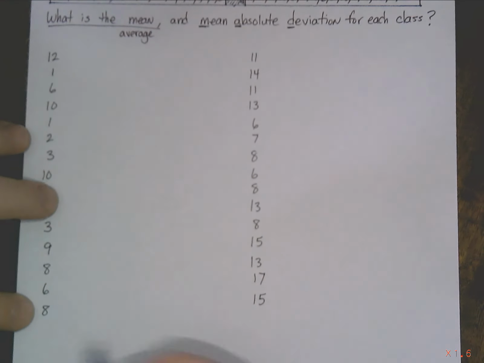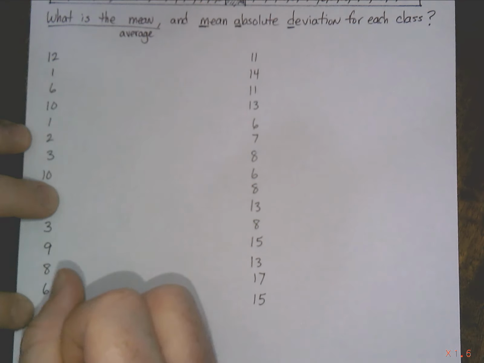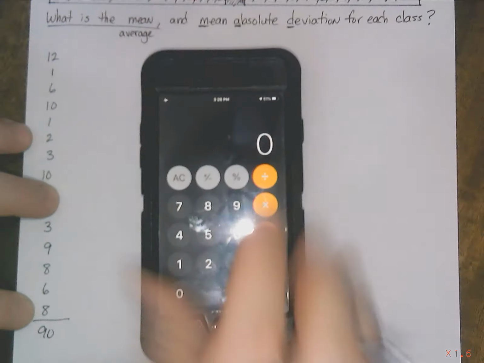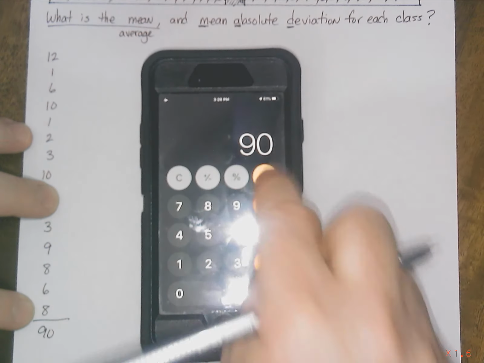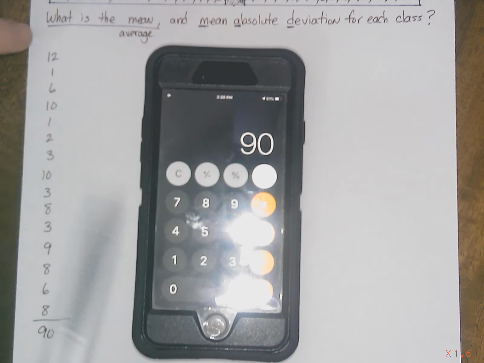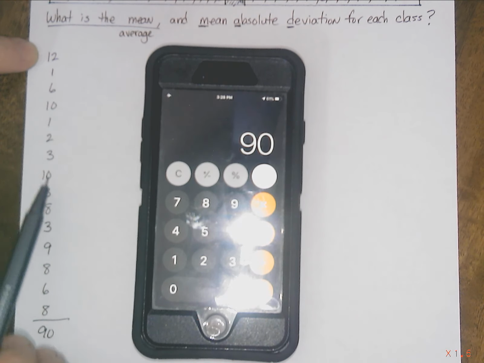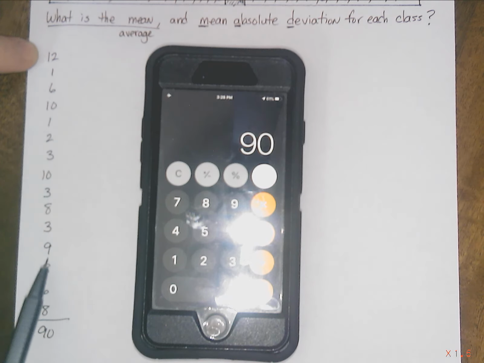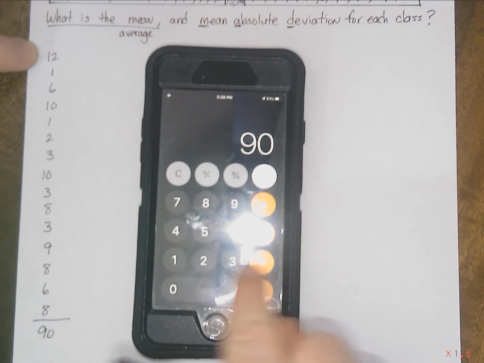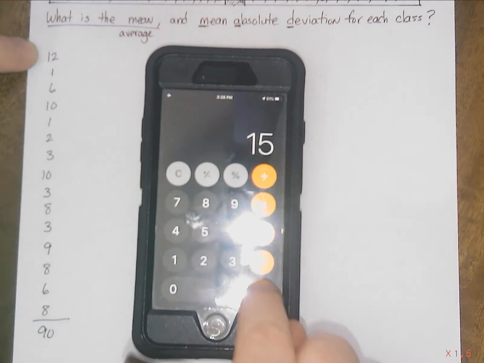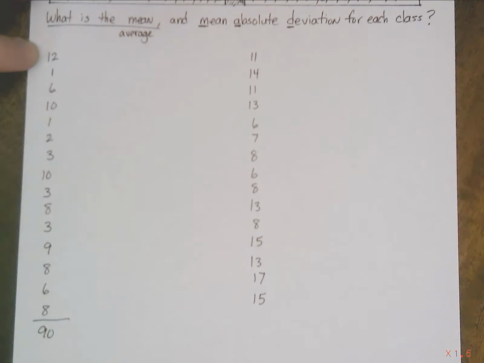So the total is going to be 90. Then I'm just going to divide 90 by how many numbers we got: 1, 2, 3, 4, 5, 6, 7, 8, 10, 11, 12, 13, 14, 15. So divide by 15. All right, so the average is 6.